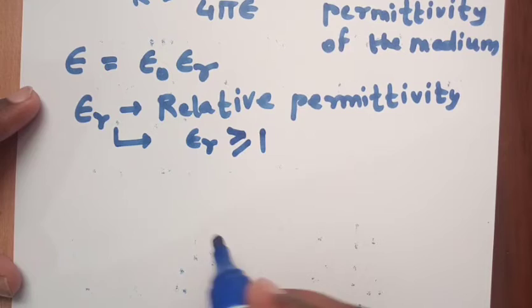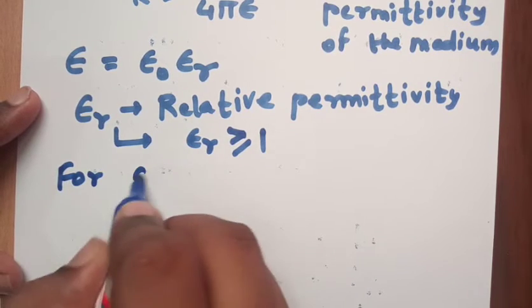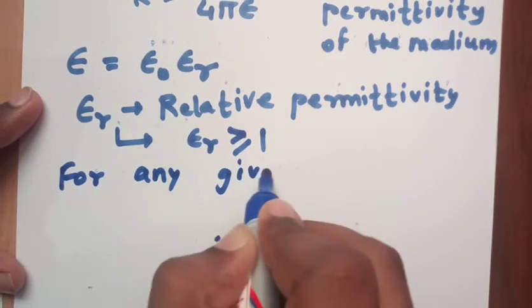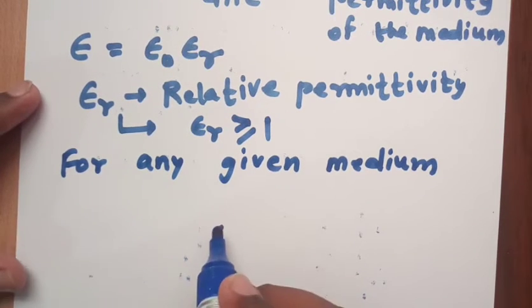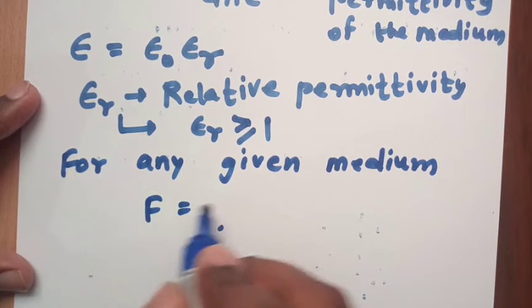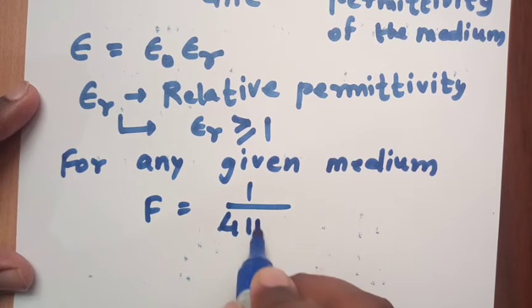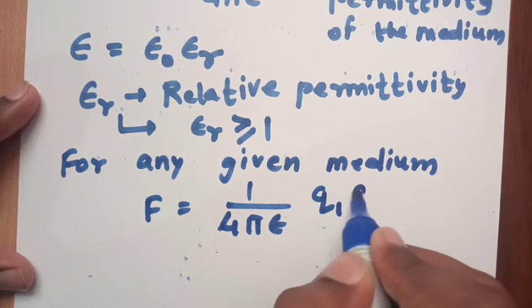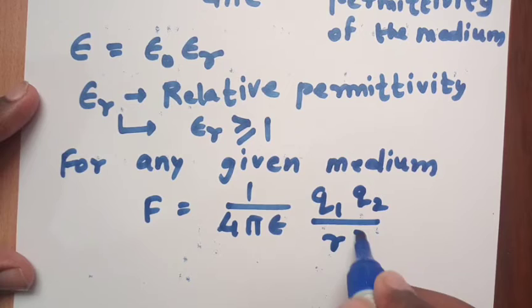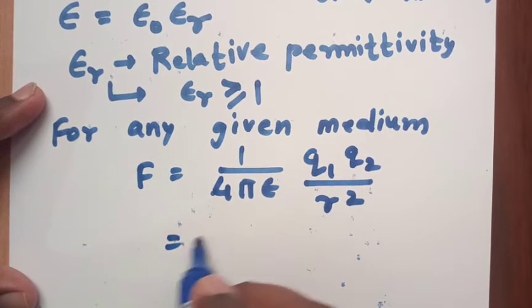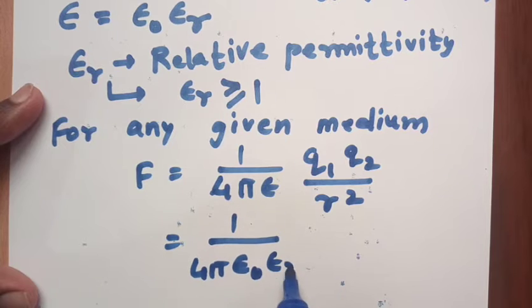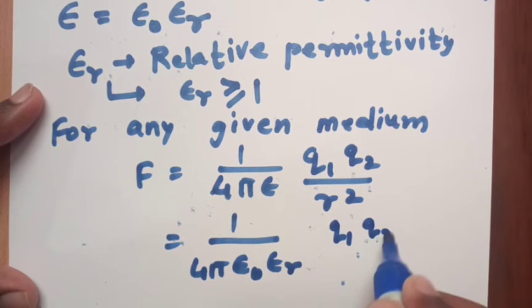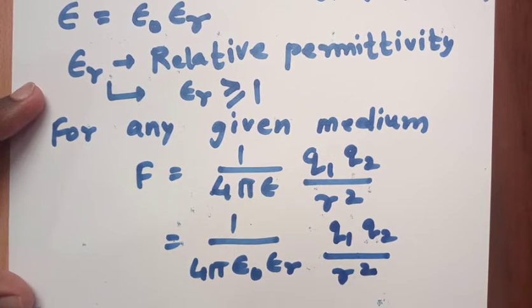So for any given medium, Coulomb's law can be written as F is equal to 1 upon 4 pi epsilon Q1 Q2 upon R square, or as 1 upon 4 pi epsilon naught epsilon r Q1 Q2 upon R square.